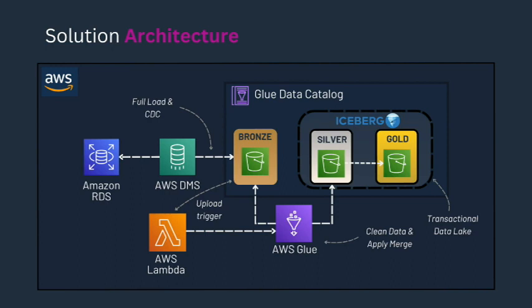And as you can see here, we are using the bronze, silver, gold architecture, which is very common for data lakehouse architectures, where in bronze we have stored our raw data. Basically, in this case, this will be our change data capture feed. In silver, we will have our cleaned data set, where we have already applied our merge operation from the change data capture feed.